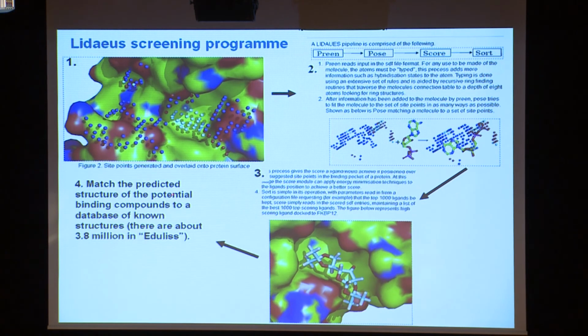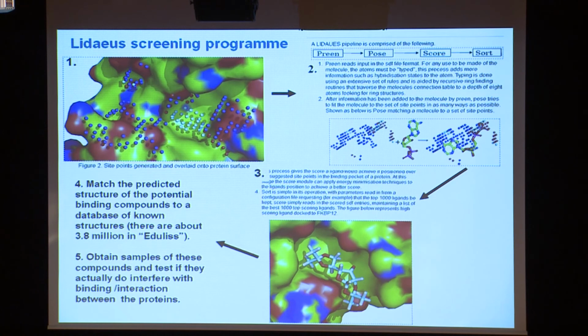So we can match predicted structures of the potential binding compounds to the database of known structures. And then, once we have some high-scoring potential ligands which might bind to this pocket in the computer structure, we can obtain samples of the compounds and test that they actually do interfere with the binding.